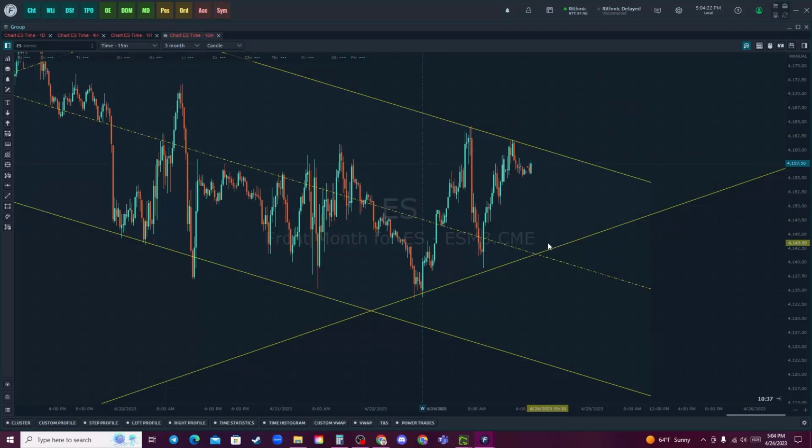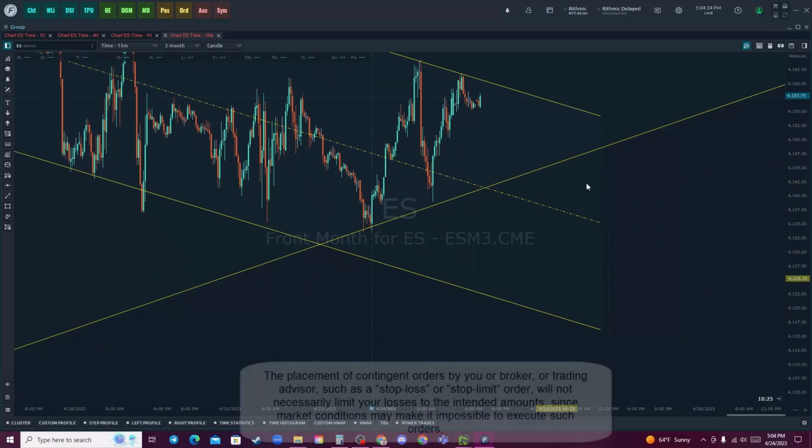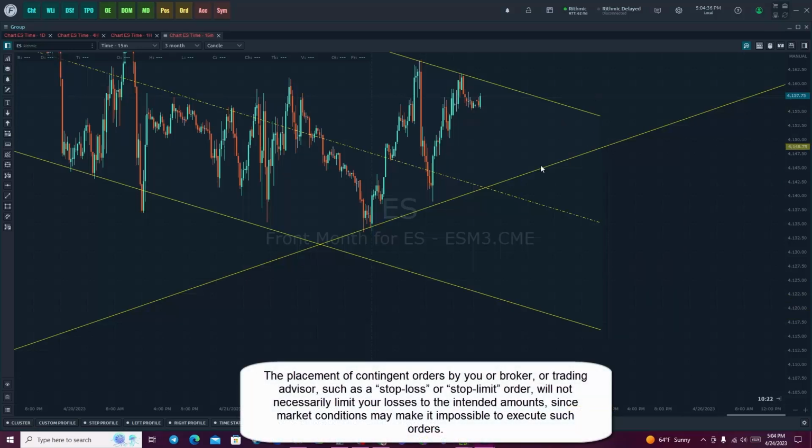If price comes down to this 4-hour channel and we enter a long position, essentially price could come down to the bottom part of this 15-minute channel and then turn back into the 4-hour channel. So this would also be a good indication of where we might want to place a stop if we thought price might trade below this 4-hour channel, but not below the bottom of this 15-minute downtrend.